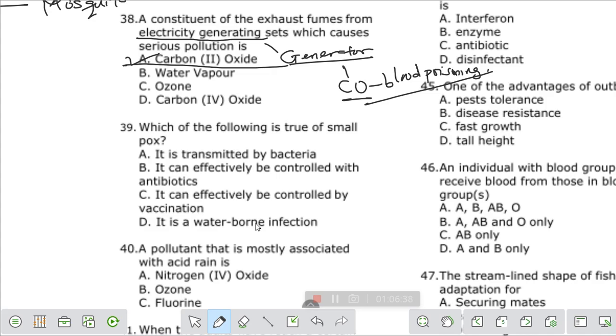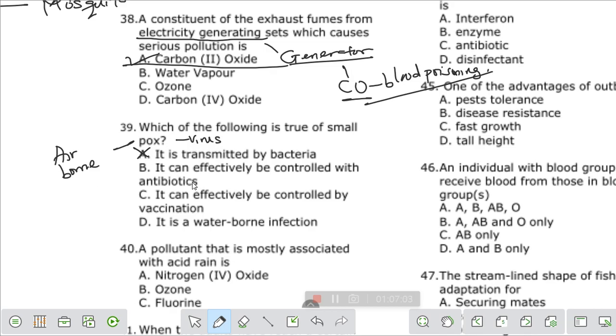So let's continue. A pollutant that is mostly associated with acid rain. So what's that pollutant? Now I told you when I was teaching you that aspect, I think in chemistry, that for something to cause acid rain, it means that thing is an acid anhydride.